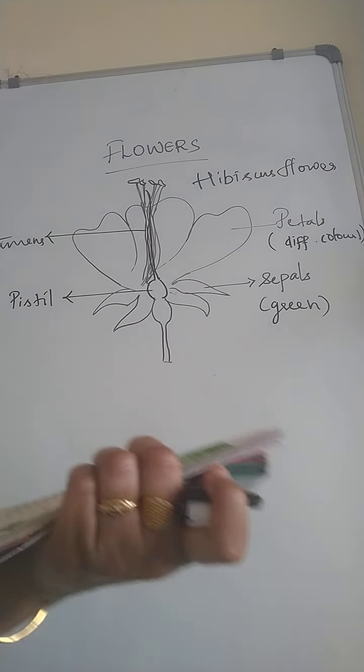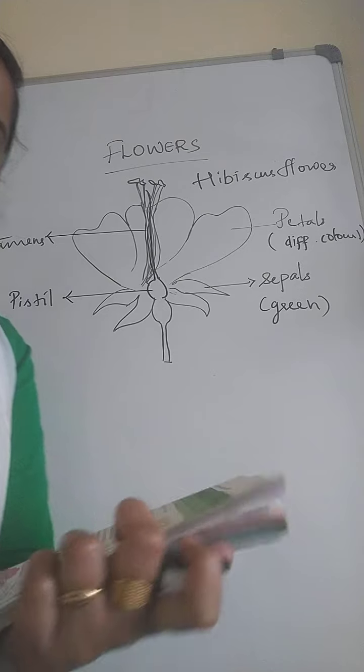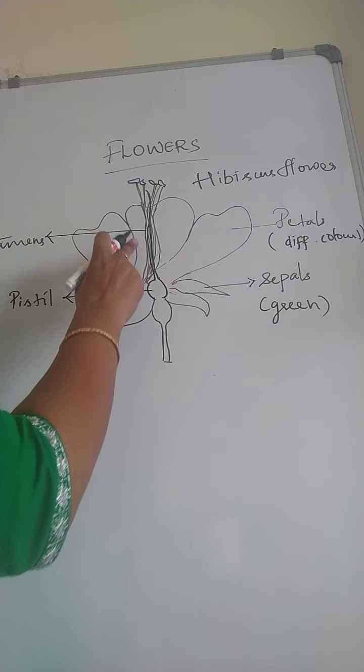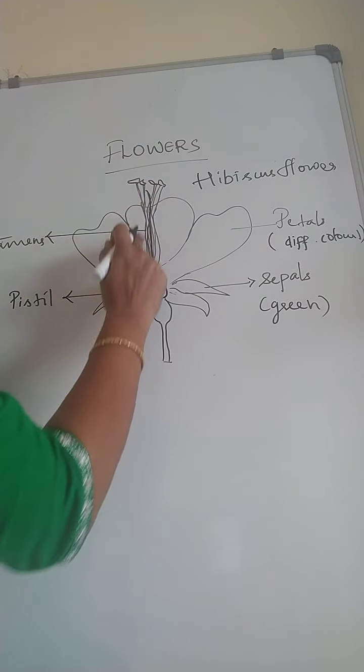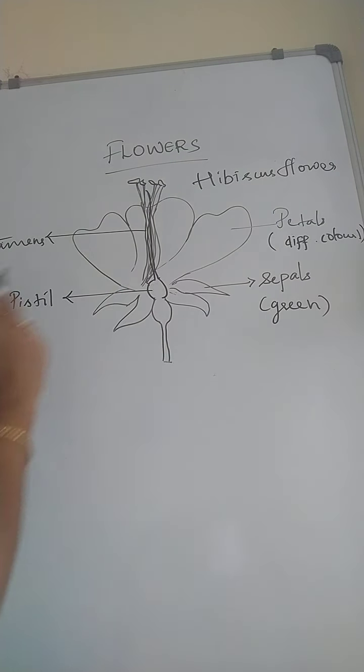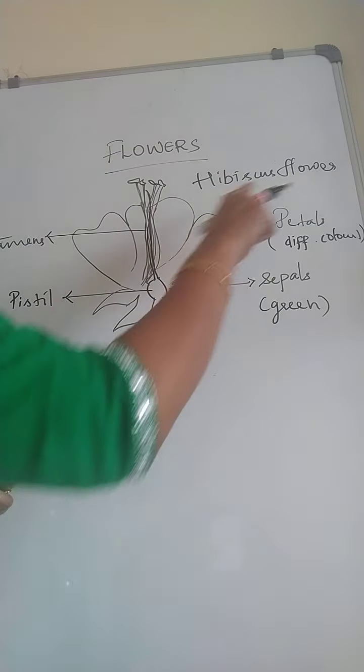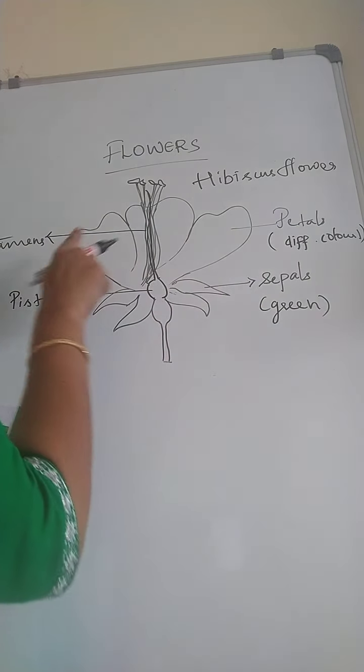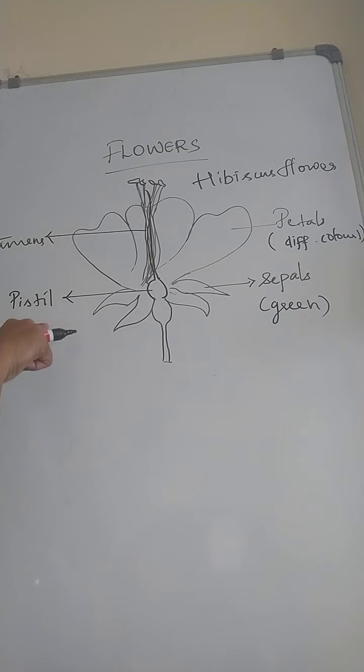This rod-like structure is called a stamen, and here you can see some bulged area, that is called a pistil. So except petals and sepals, the other two parts are the stamen and the pistil.